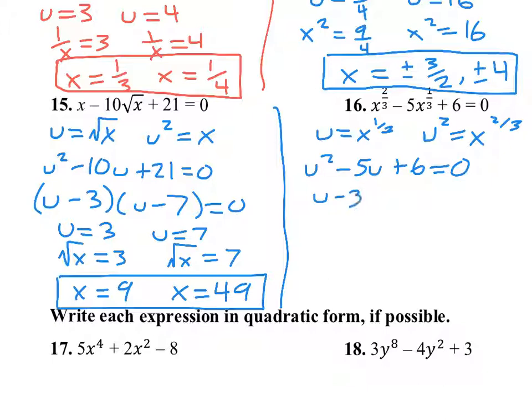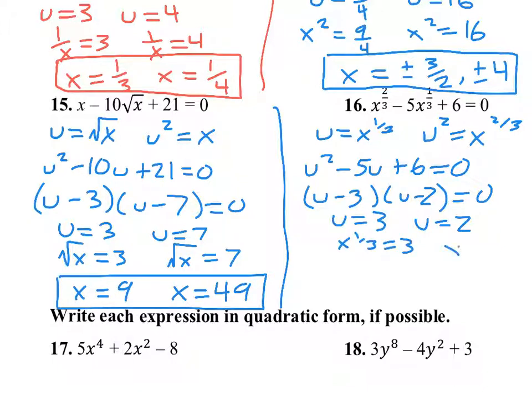U minus 3 times U minus 2 equals 0. So U could equal 3 or U could equal 2. Change it back. Cube both sides, you get x equals 27 or x equals 8.